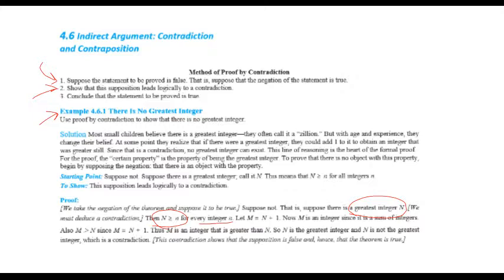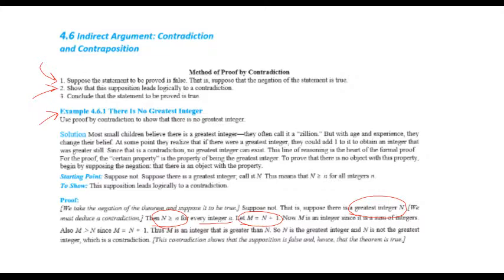But if you consider M equal to capital N plus 1, then based on the fact that integers are closed under summation, N plus 1 is also another integer.